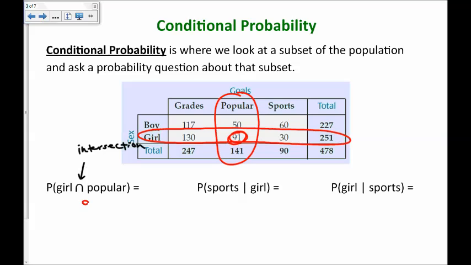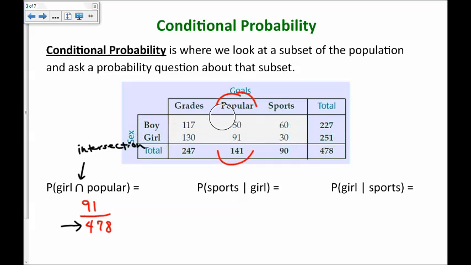So 91 students are both girls and want to be popular out of the total 478. Because this bottom number is the total population, we are not looking at a conditional probability.